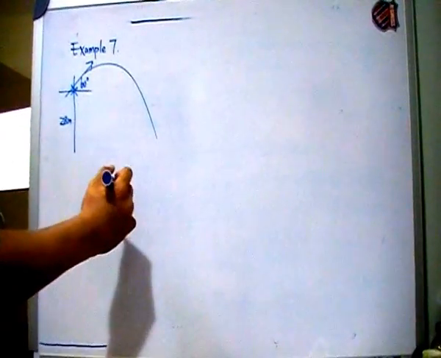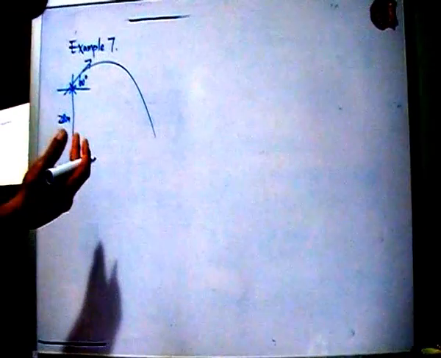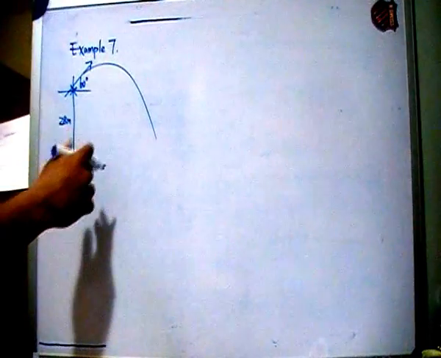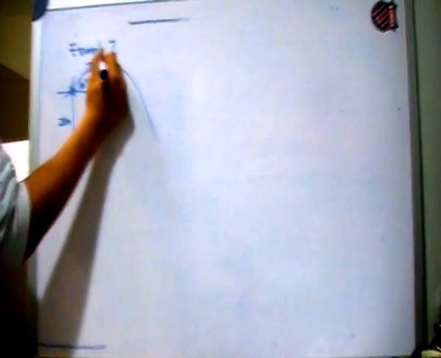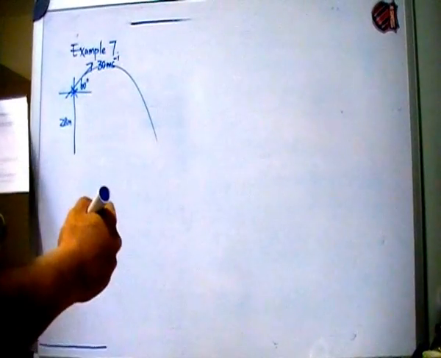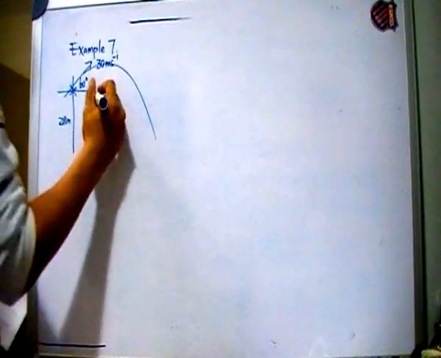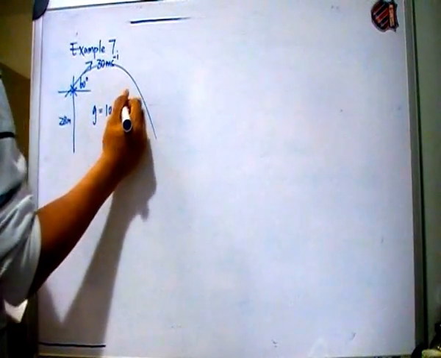If it explodes with a velocity of 30 meters per second, you would write your 30 meters per second in there as well. It says take g equals 10 meters per second squared.